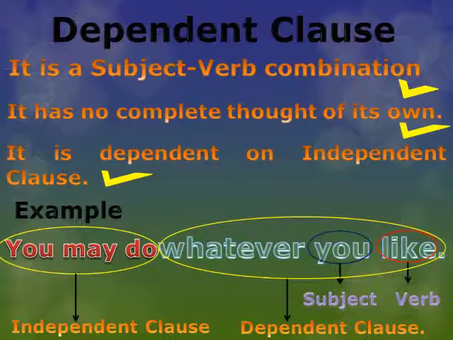That means when we join an independent clause along with the dependent clause, it gives a complete meaning. That is why they are called dependent clauses, because they are dependent upon independent clauses to make them complete.